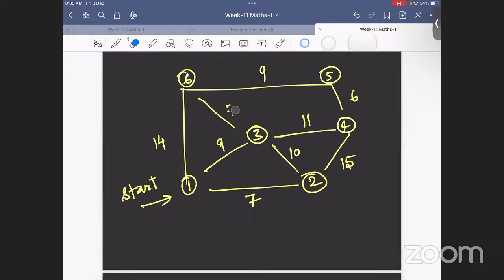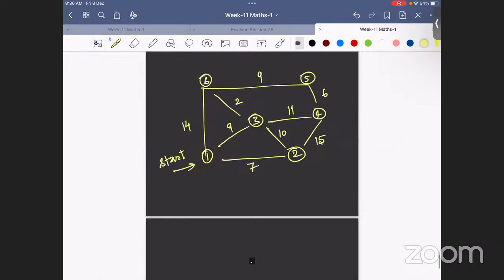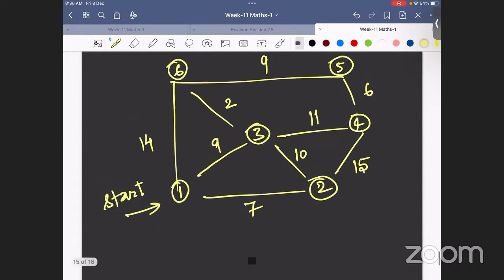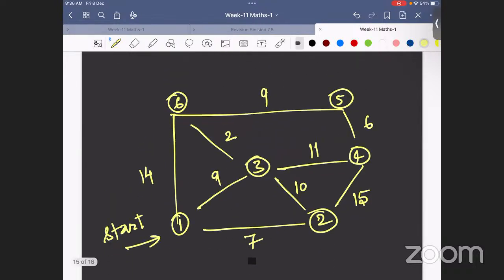Or you can think of this as 2. Yeah, now solve this one. So what you can do is, see, you can start with all the infinite values, right? You can start from each destination. So just try it and then we'll solve it.